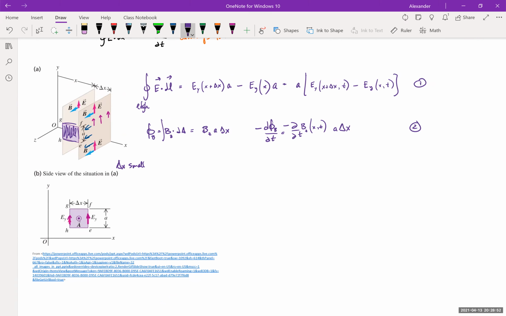So we can set them equal. That's z, b sub z.